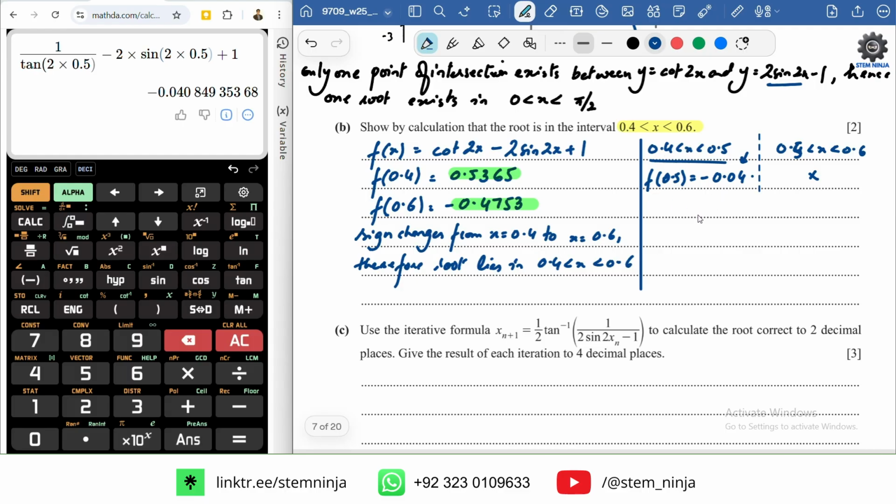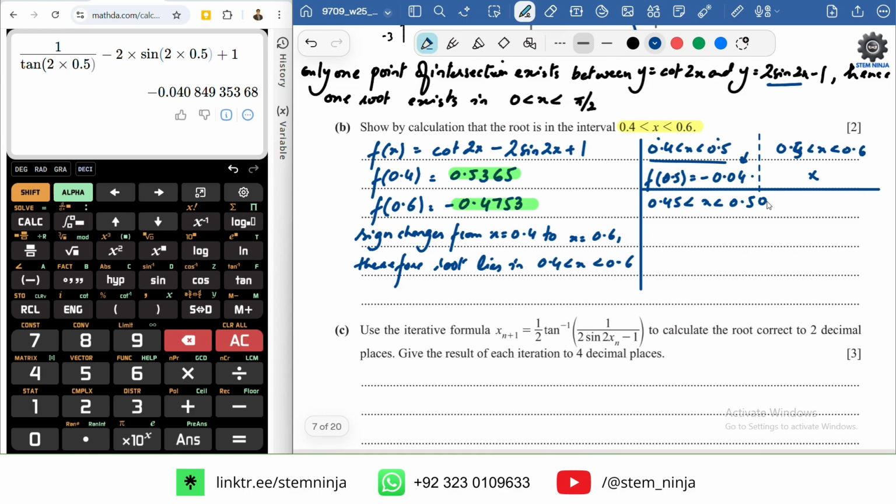So you can go from 0.4, since you have already bisected it this way. Now the difference between the starting point and the end point is 0.1, so you can do 0.1 divided by 2, so 0.45 to 0.5.